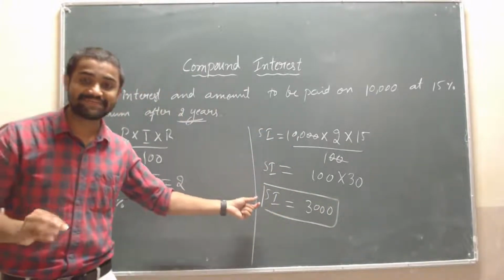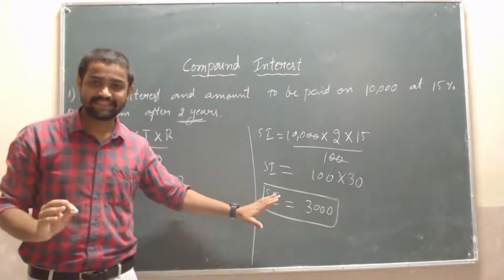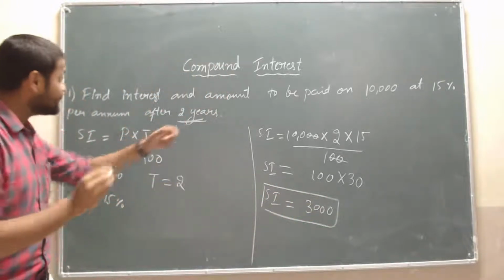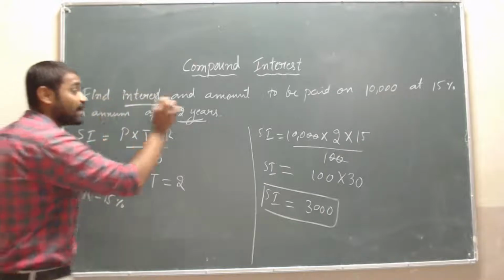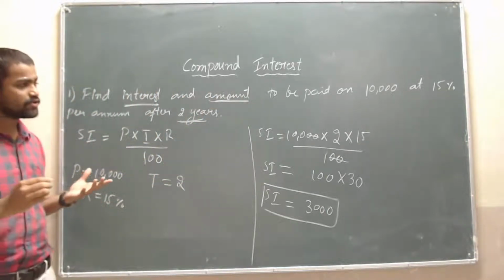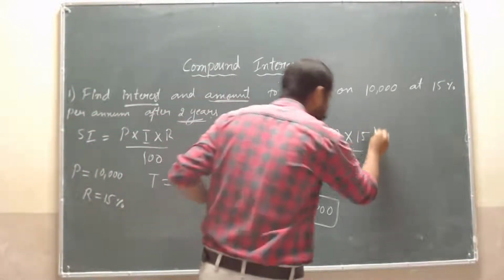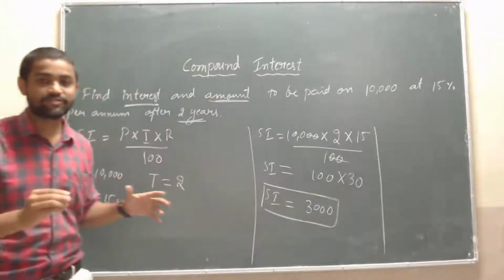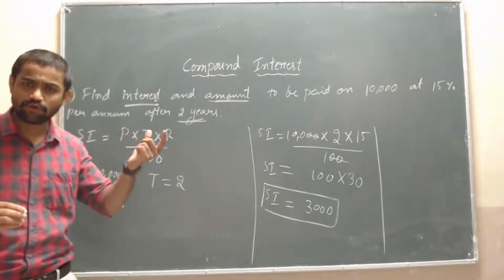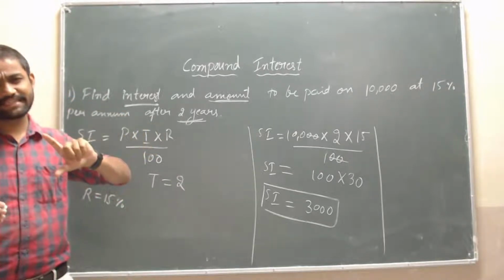Simple interest is nothing but the interest. So 3,000 rupees interest. Then again we have to find out the total amount. How do we find the amount? Remember, amount is equal to principal amount plus interest.